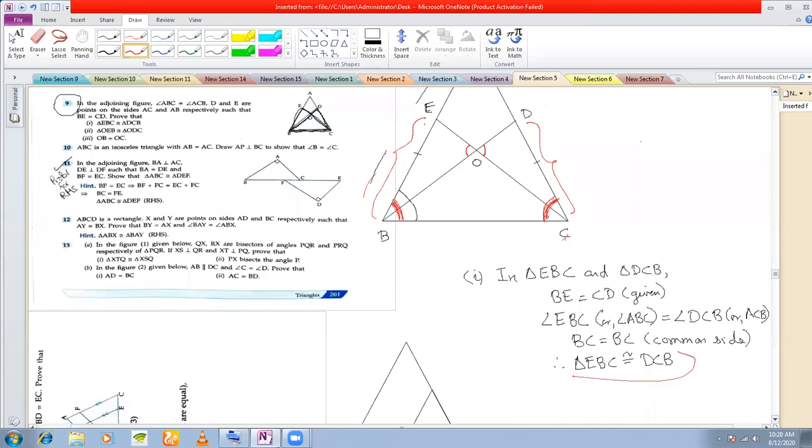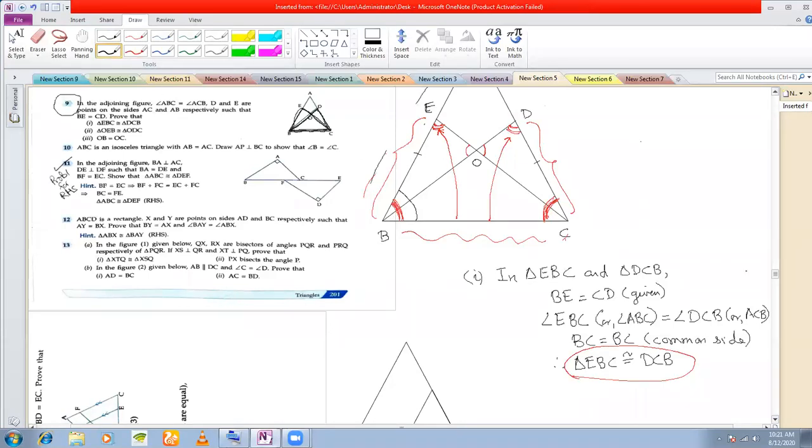I've already proved the congruency of these two triangles, in which BC was your common side, right? And opposite to BC is which angle? This angle. And in this triangle, opposite to BC is which angle? This angle. That means by CPCT, I can say that these two angles are equal, right?